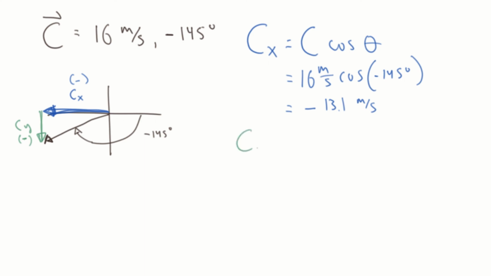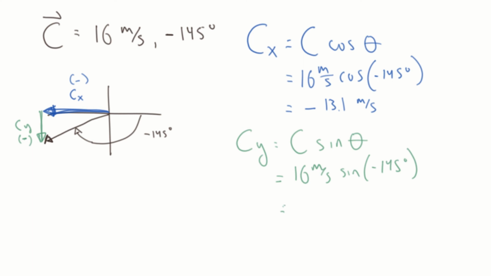How about for cy? Again, same equation, c sine theta though, as opposed to c cosine theta. So I guess technically not the same equation, a similar equation, not the same equation. 16 meters per second times the sine of negative 145.